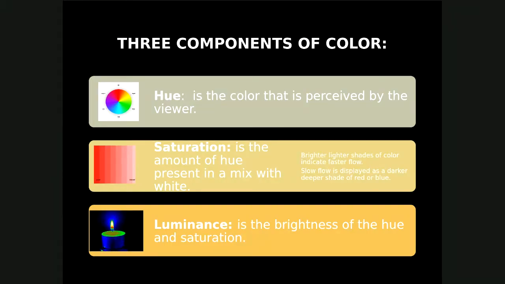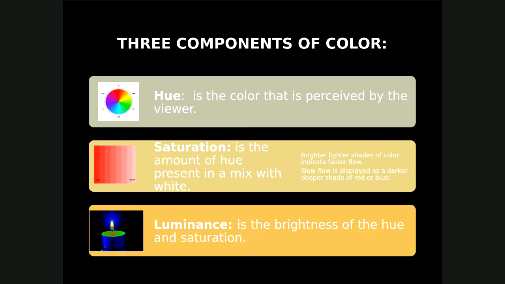The hue is the color that is perceived by the viewer. The saturation is just like this picture over here. It's the amount of hue present in a mix of white. Brighter, lighter shades, and this is relevant to color, brighter, lighter shades indicate faster flow. So the brighter, lighter ones are the faster.